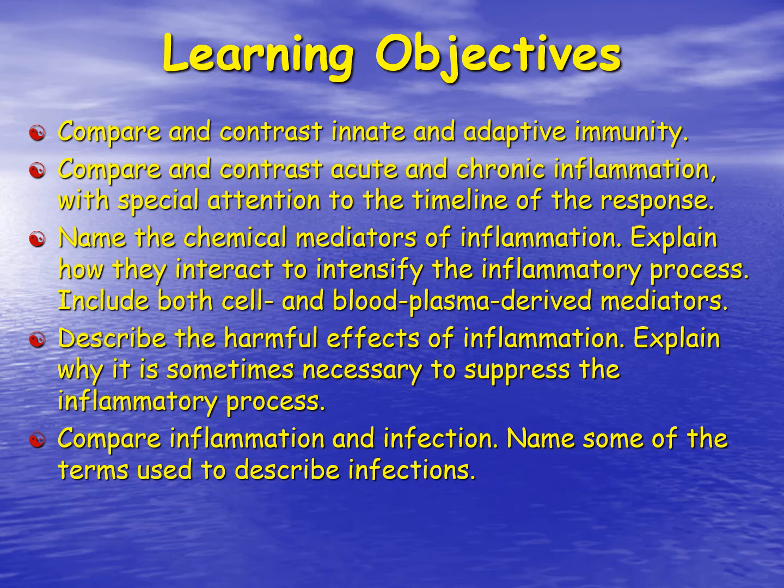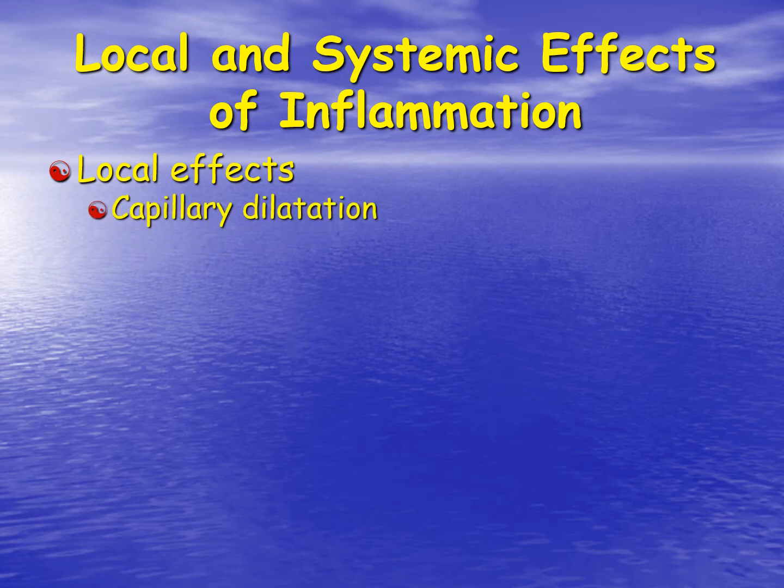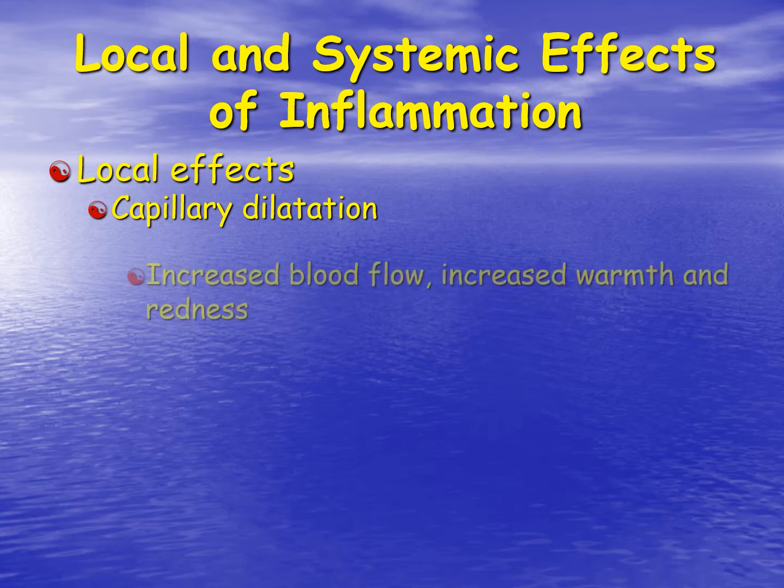You can have inflammation without infection, but infection will always cause inflammation. And name some of the terms used to describe these infections. So let's look at the local and systemic effects of inflammation. Local effects: eventually we're going to get dilation of the capillaries in the area of cellular injury.